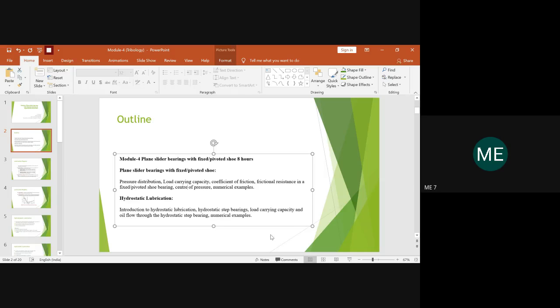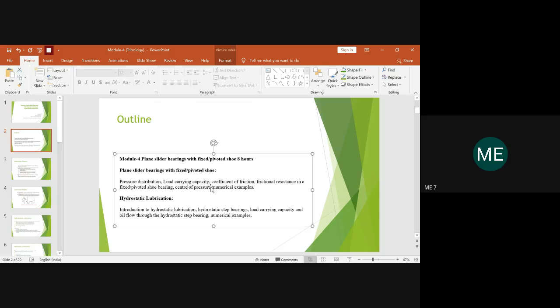After completion of this, we'll go for plain slider bearing. Here also you should analyze how the pressure is distributed, like we did in hydrodynamic, right? Similarly, you need to calculate the load carrying capacity, the coefficient of friction, and the frictional resistance associated with fixed and pivoted shoe bearings. Then you also need to identify the center of pressure.